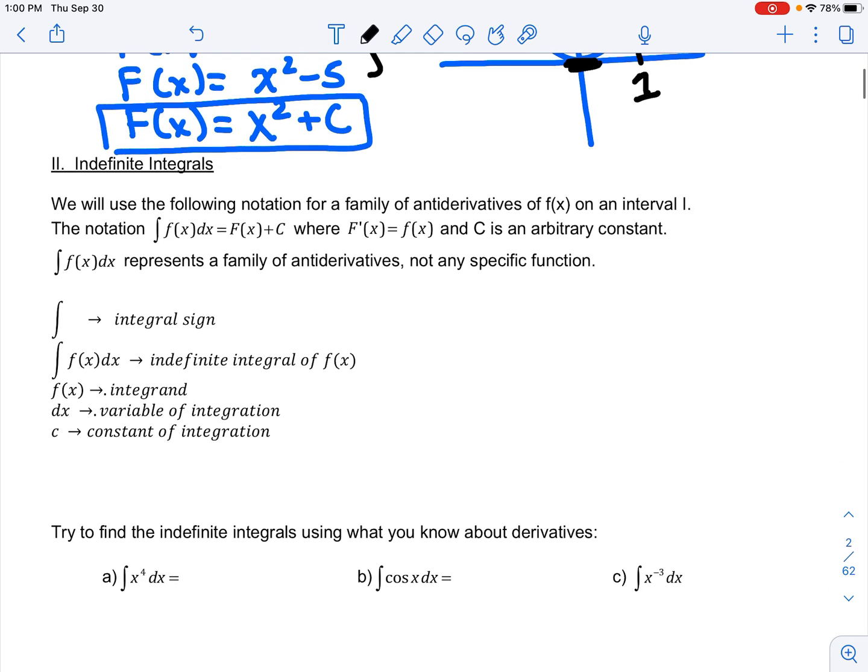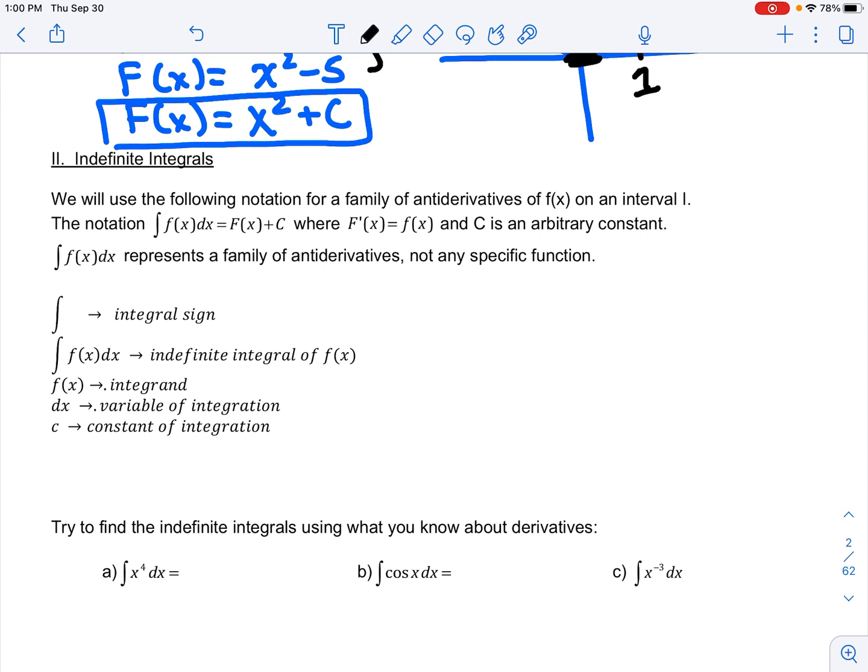Okay, a couple of vocabulary ideas that we need to talk over. So when I ask you to take the antiderivative, this is the symbol we're going to use. That symbol means take the antiderivative of f of x with respect to x, and then the answer to that problem will give me big F of x plus c.